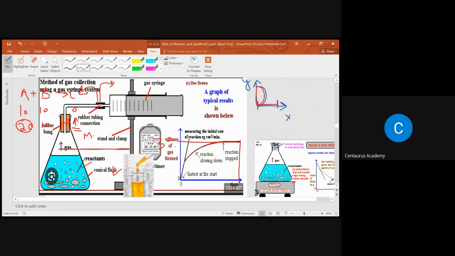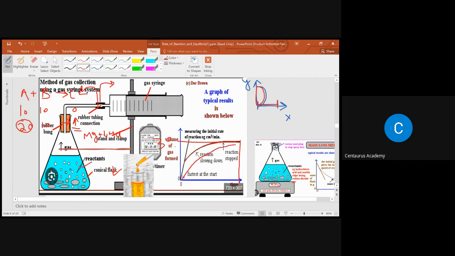For the next one, if you look into this particular reaction, the mass of magnesium does not change, but I'm decreasing the concentration of the hydrochloric acid. This means that the rate of reaction is going to decrease, which would mean that the curve is going to get less steep, and this plateau will be achieved later on.